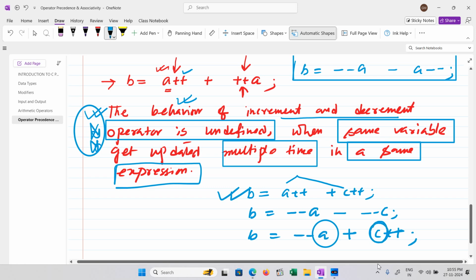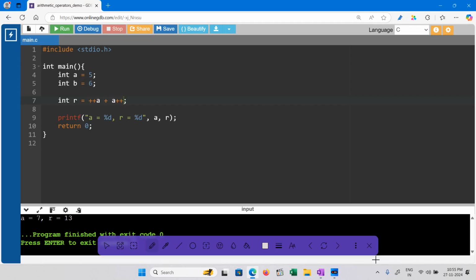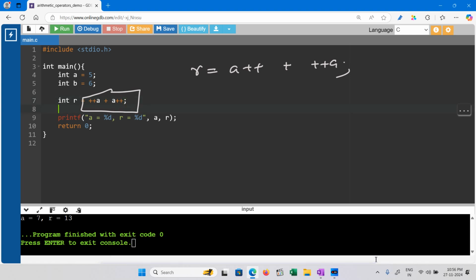That is the reason why, in the previous case where we calculated the value, we had written r equal to a++ plus ++a. Okay, so let me show you again. If I rewrite this after this line, and use another variable, int k equal to a++ plus a.